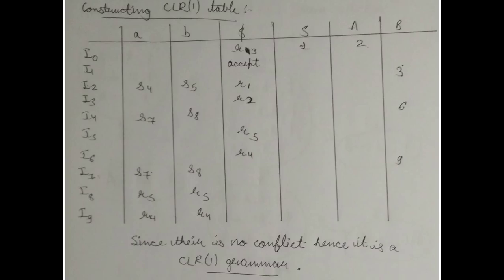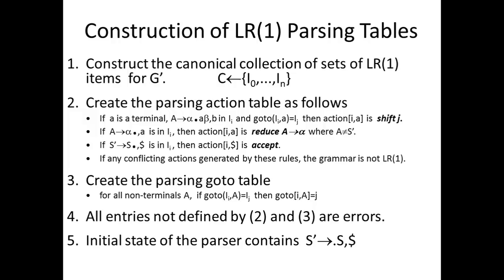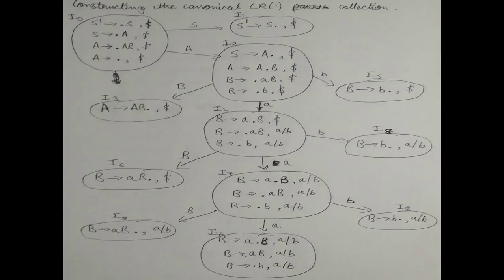Here also we write accept according to the second rule. If S' gives S., dollar is in I_i, then action[i, $] is accept. So from the diagram, we see that for state I1 we have S' gives S., dollar.